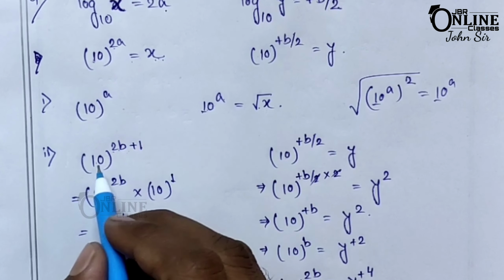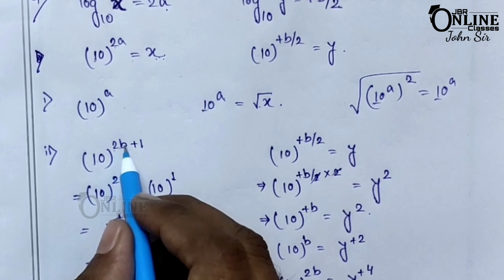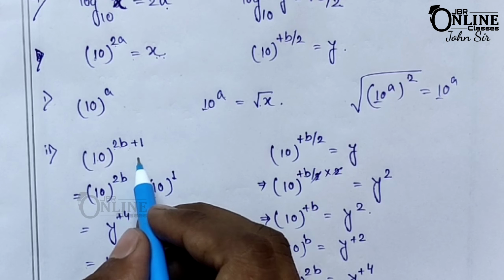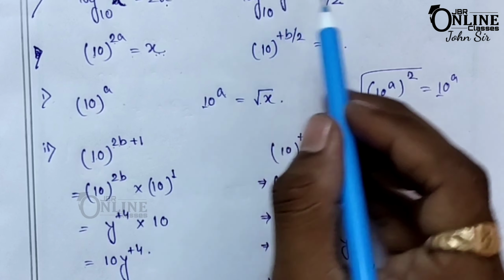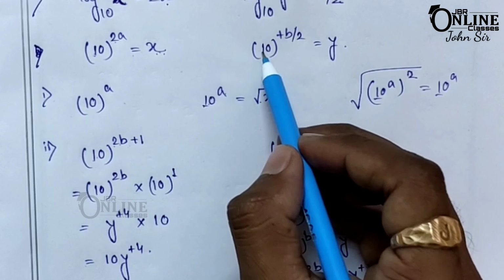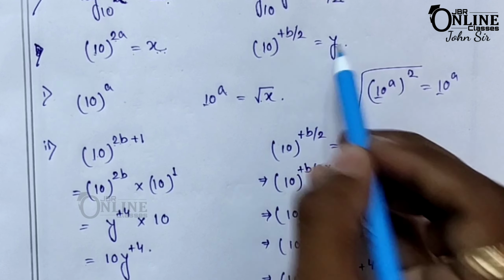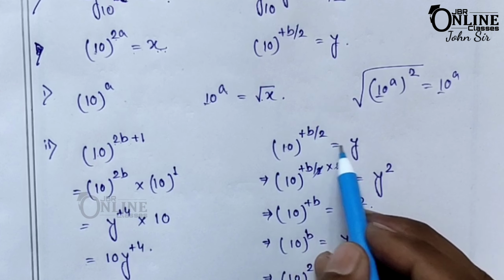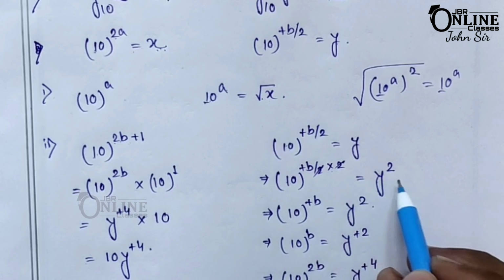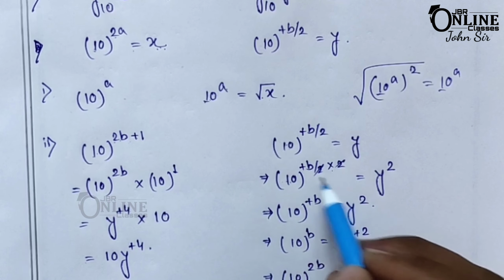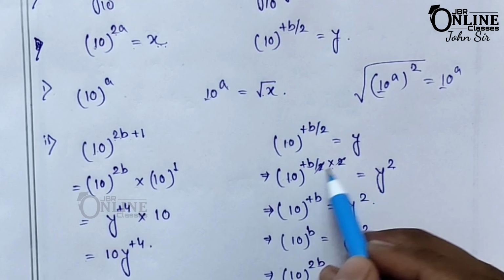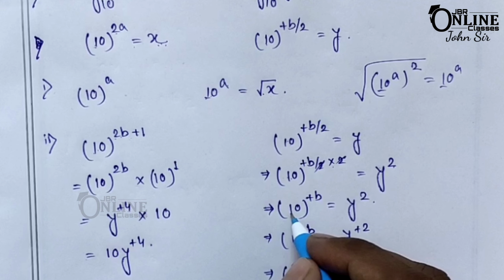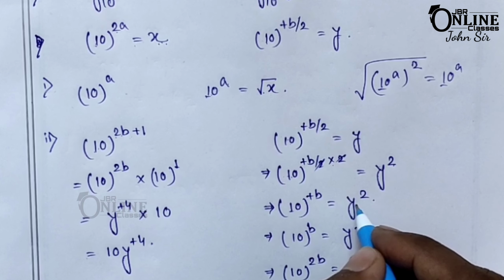Now next one, express 10 to the power 2b plus 1 in terms of y. So here log 10y equal to b by 2, that means 10 to the power b by 2 equal to y. Now by squaring both sides, 10 to the power b by 2 into 2 equal to y square. So 2 cancel out, then 10 to the power b equal to y square.